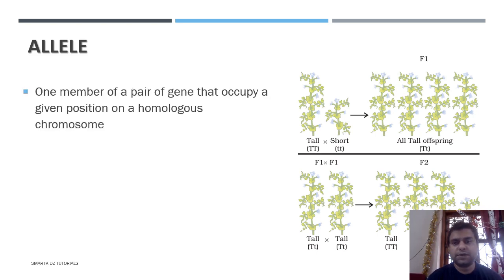Hello students, in this video we'll be covering the three laws of inheritance, Mendelian inheritance. In our previous video we learned about chromosomes, genes and DNA, and we learned that there are two sets of chromosomes, one set coming from the father and another from the mother, and they are homologous chromosomes.